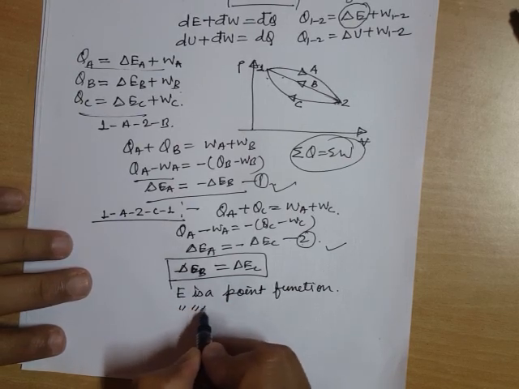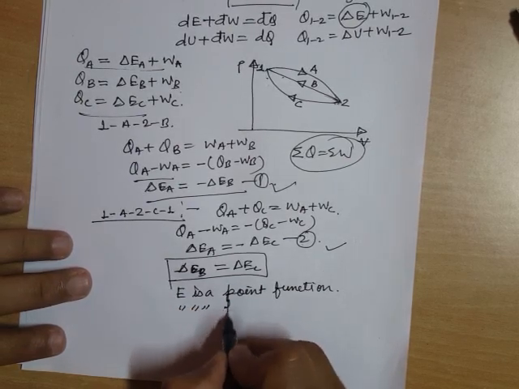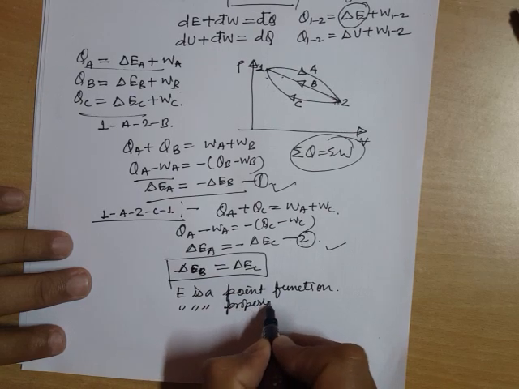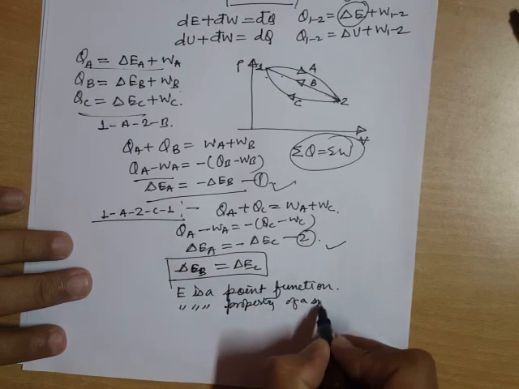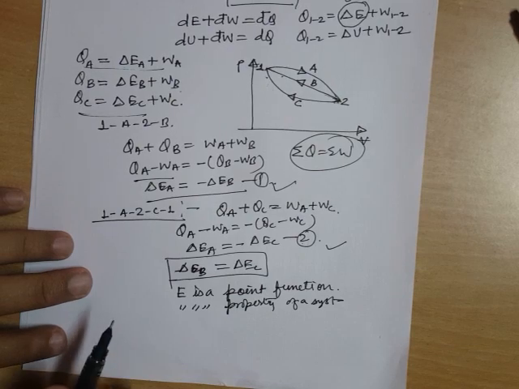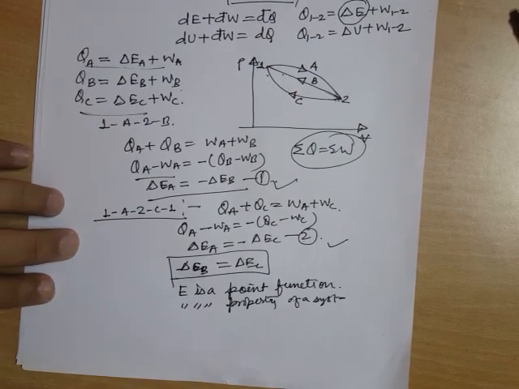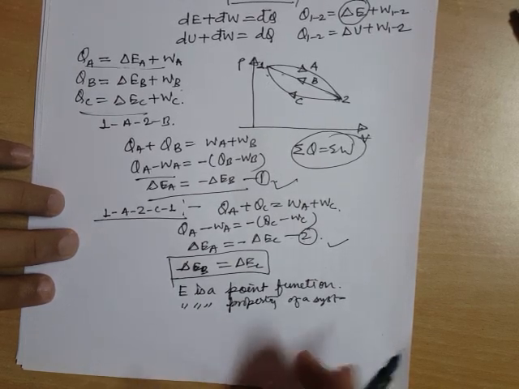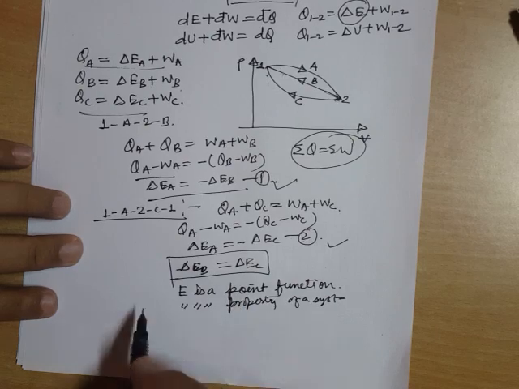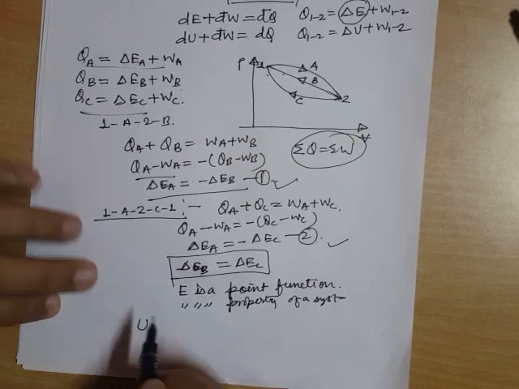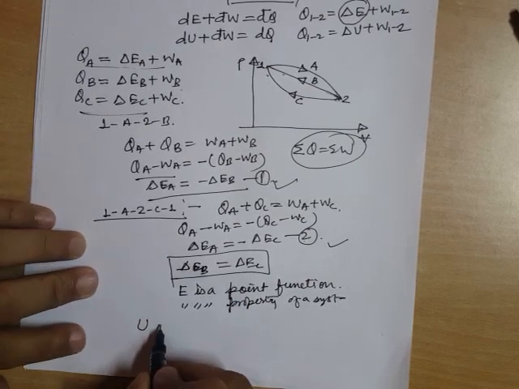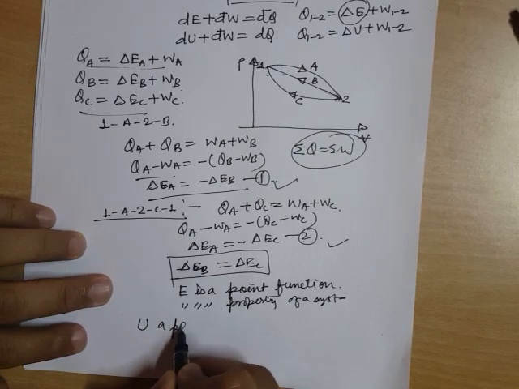Hence, E is a property of a system. Now, we know that E, the total energy stored by a system, if we neglect the macroscopic energies, is nothing but the internal energy of that system. Hence, U, the internal energy of a system, is also a property of a system.